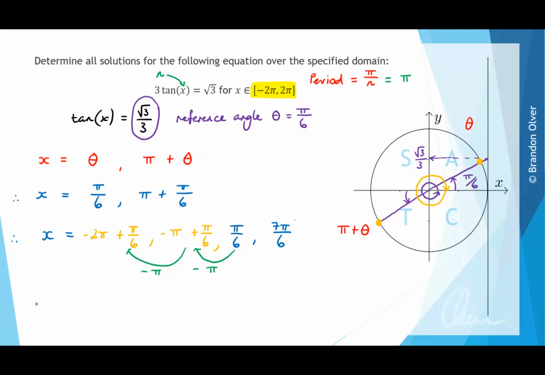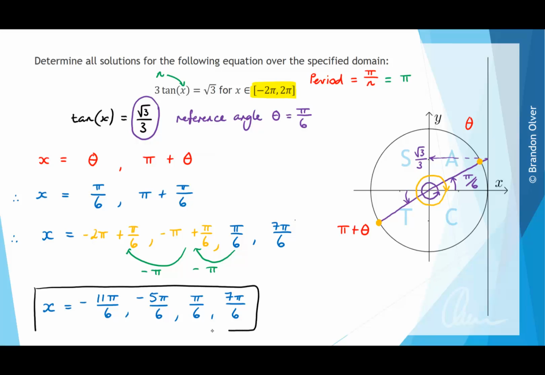So simplifying down what we've found, our values for x, which are a solution to this equation, are going to be negative 11 pi on 6, negative 5 pi on 6, pi on 6, and 7 pi on 6. So they are the 4 solutions to this problem.